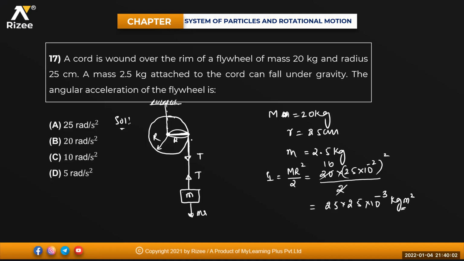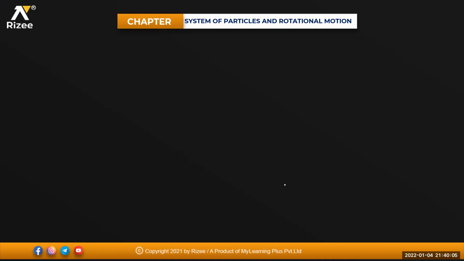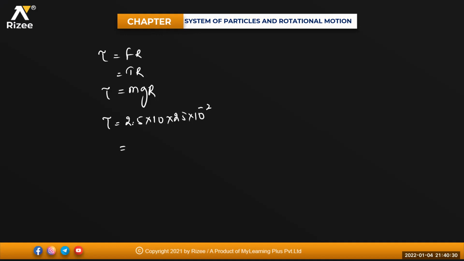So torque acting on the wheel is tau is equal to force into R. That force is the tension T into R. The tension T is equal to mg, so mg into R will be equal to tau. Tau is equal to mass 2.5, g value 10, into radius 25 into 10 to the power of minus 2. That means this becomes 25 into 25 into 10 to the power of minus 2, where the point and this 10 get cancelled.